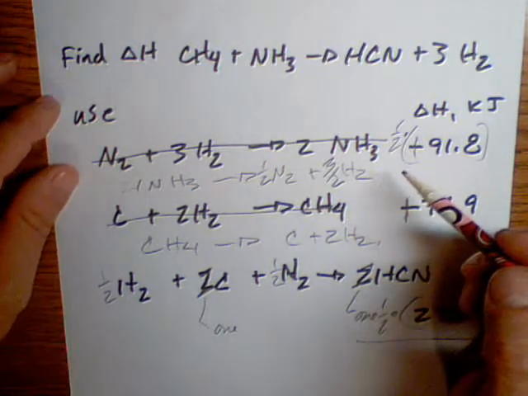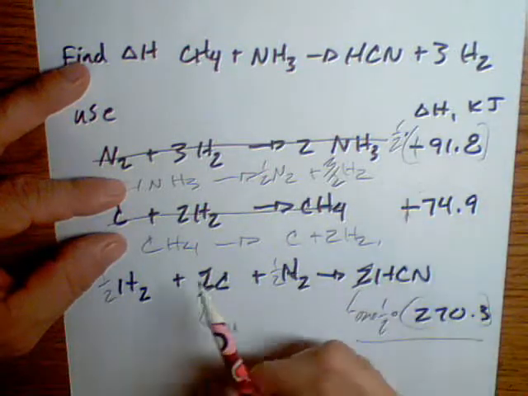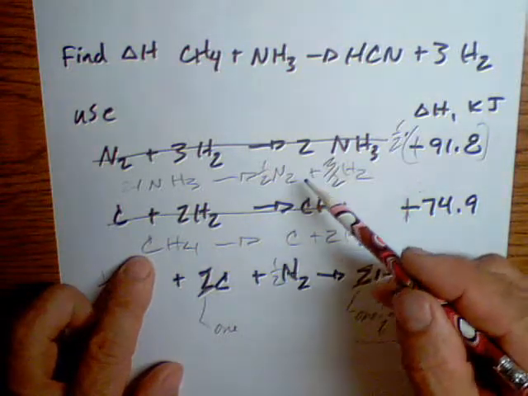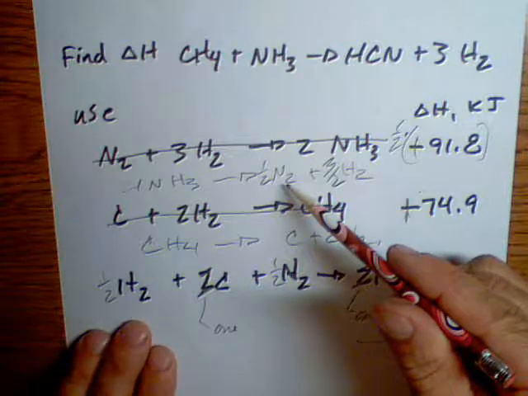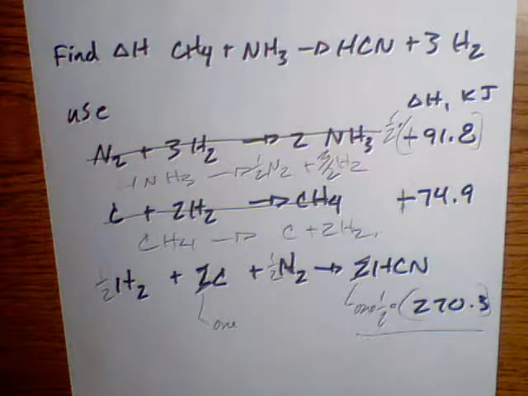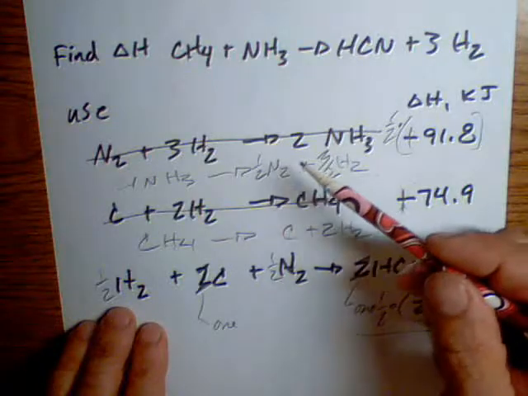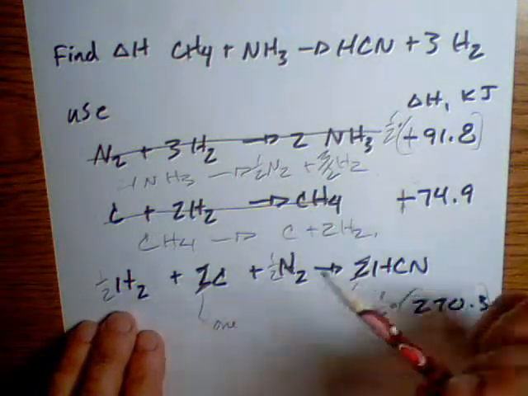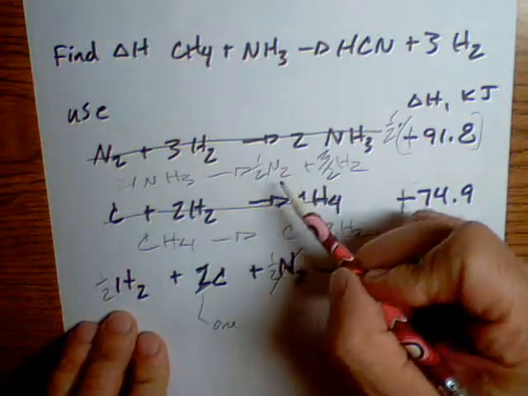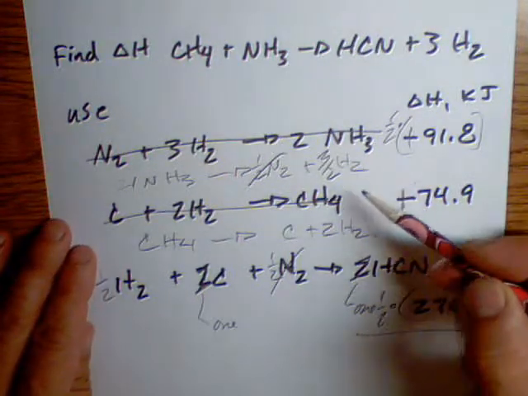All right. So let's see how it cancels out for us, and see if we can get our equation. All right, so this is fine. What don't we need here? We don't need this 1/2. We don't need this 1/2 nitrogen, do we? So where's the other 1/2 nitrogen here? It's right here. And let's see. We need 3 of these.